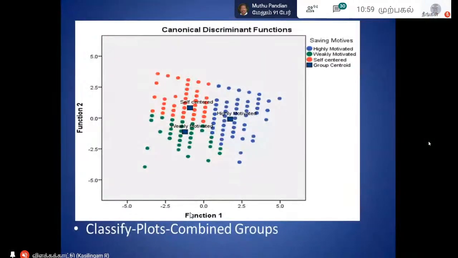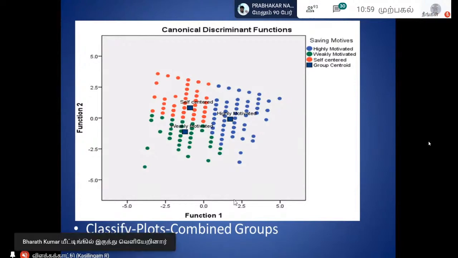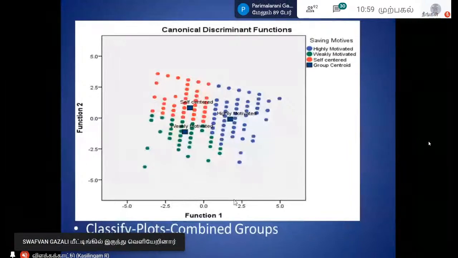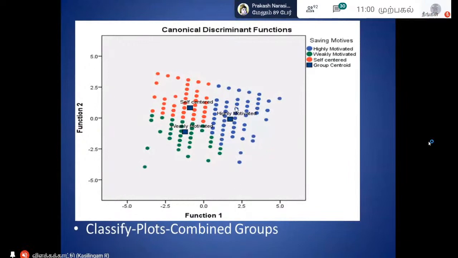But if you look at weakly motivated and highly motivated, weakly motivated is here, highly motivated is here. So there is a large gap between weakly motivated and highly motivated. Some people we call highly motivated because they have a higher function 1 value.